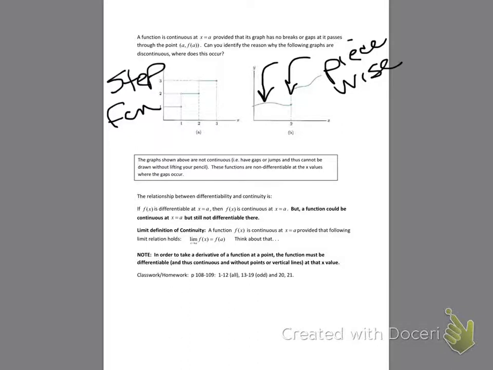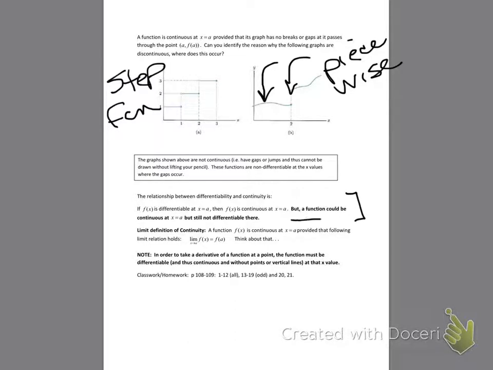What we want to pull together at this point is the relationship between differentiability and continuity, summarized right here. The relationship is as follows. If some function is differentiable at x equals a, then it's continuous. So if it's differentiable at a certain x equals a, it has to be continuous there.